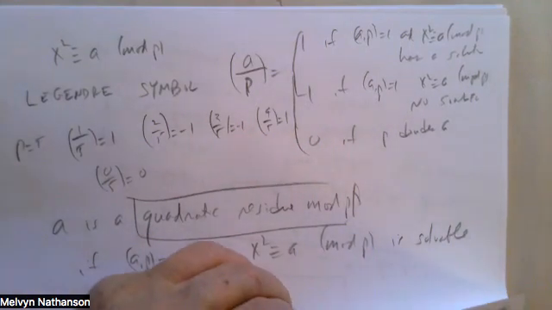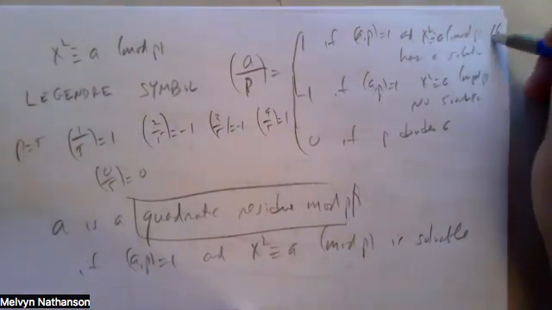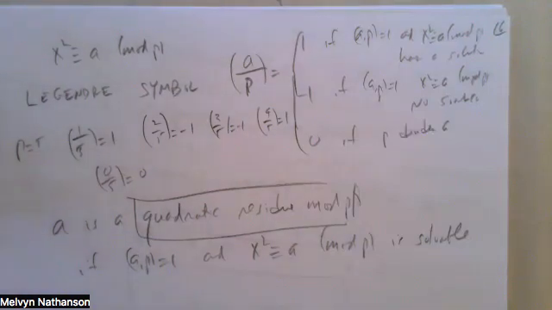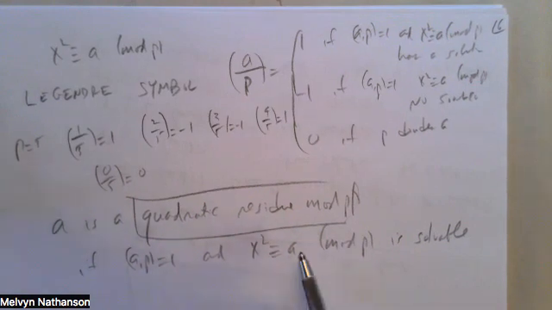So we have this basic simple quadratic equation, x squared congruent to a mod p. If a is 0 mod p, this always has a unique solution, 0. 0 squared is 0. So this is only interesting when a is non-zero mod p. And in that case, this may or may not have a solution.